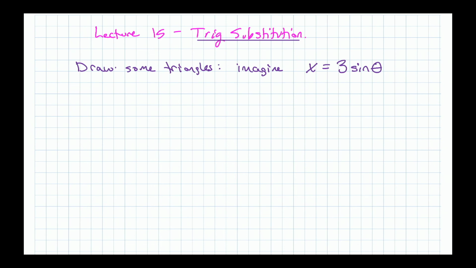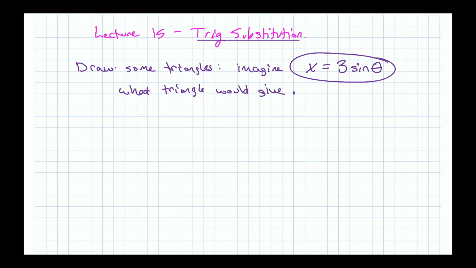Now we're going to have a substitution like this, and what we want to do is draw a triangle that corresponds to that. What triangle would give me this? And there's a specific way you go about it.